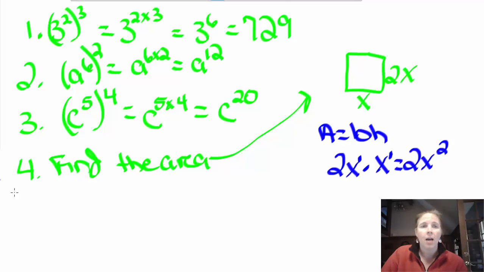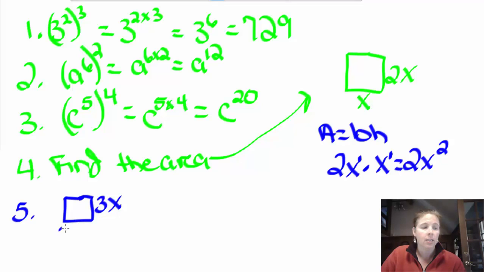Okay. The next one, let's do another example. What about, ooh, I like this one, 3x times the quantity 2x plus 2. These will show up on your assignment. So don't let that freak you out because there's a plus right there. Then we have to distribute.